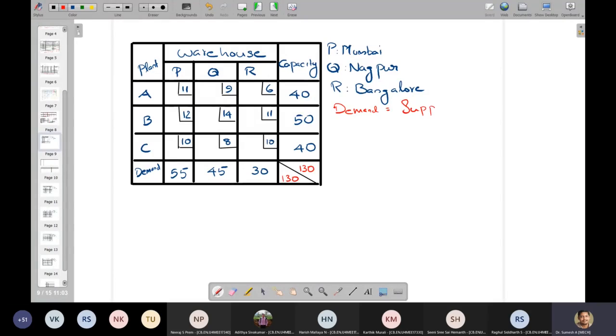Now, if we are applying the northwest corner rule, you will get the solution like this.